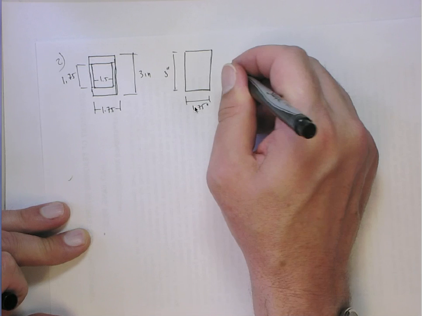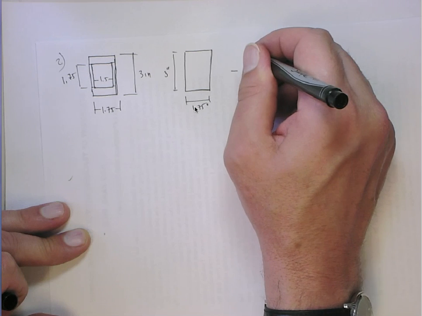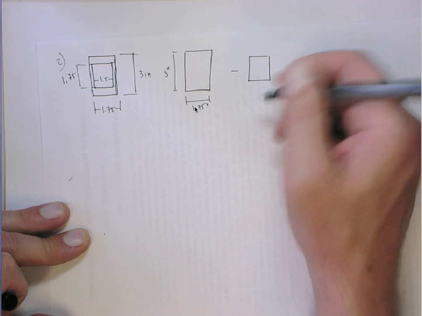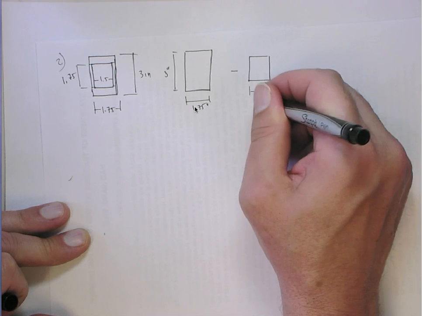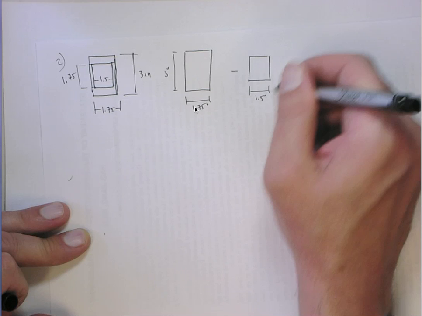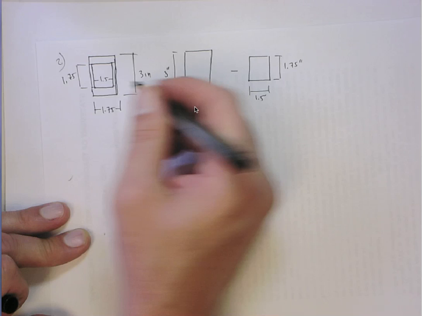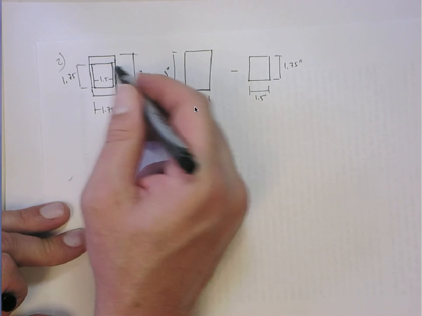And we could subtract off of that the I of the intersection. And the intersection is 1.5 by 1.75.